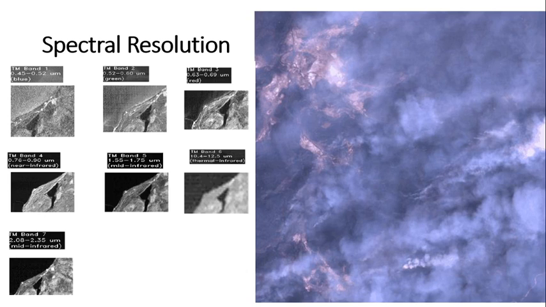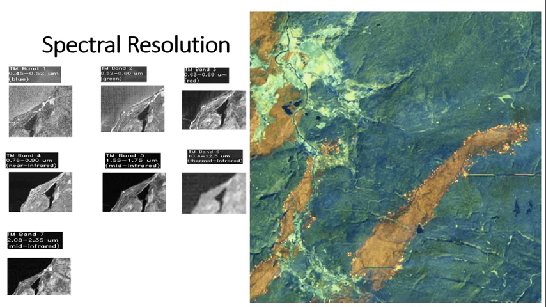Now I am using different bands. Here I have used band number 7, that is mid infrared, band number 5, that is again mid infrared but the region is different, 2.8 to 2.5 and here 1.5 to 1.7 micrometer, and band number 4, that is near infrared.